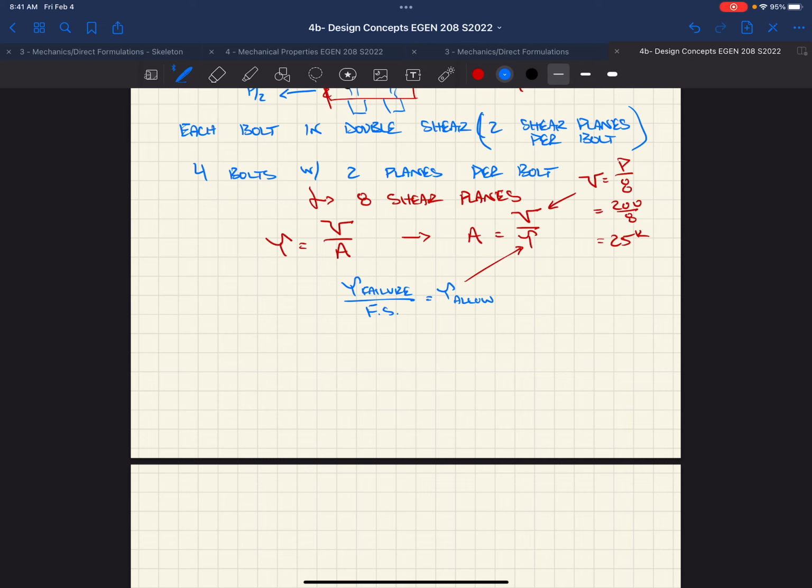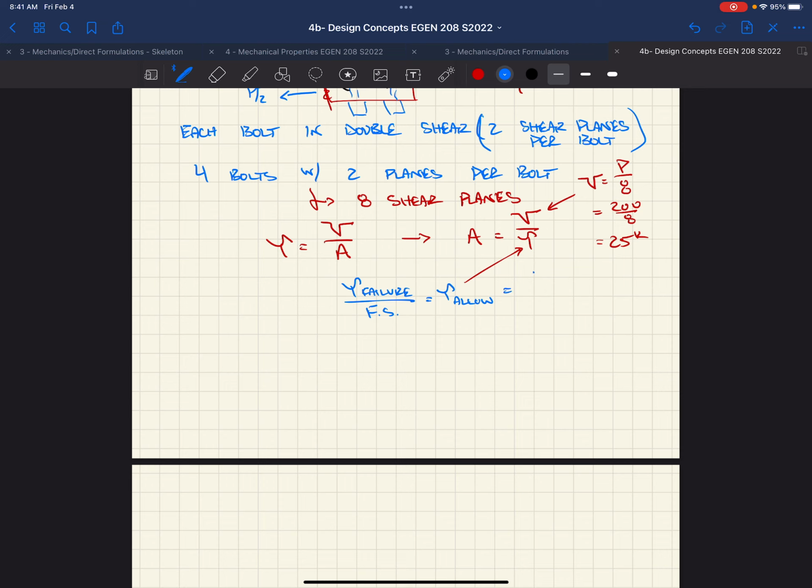Anything beyond that and it fails. It doesn't fail in the real world, but it fails based on imposing a 1.6 factor of safety. So this equals 125 KSI divided by 1.6. That's 78 KSI.